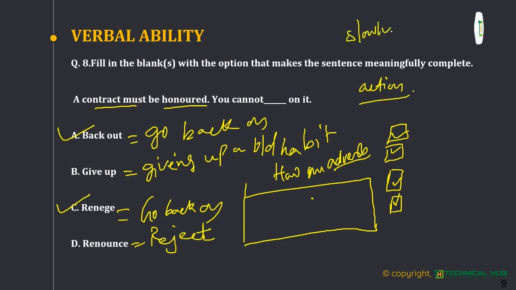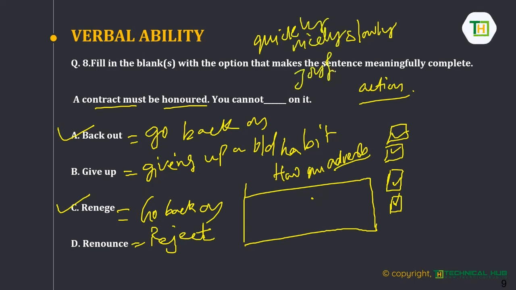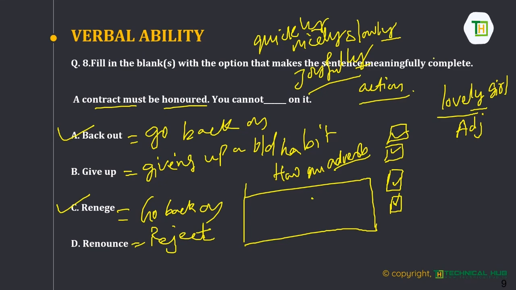Slowly, quickly, nicely, joyfully. All these come under adverbs only. And most people think that all words ending in ly are adverbs, but not at all. Lovely, she is a lovely girl. Okay, ly is there, but here I have added girl. That means this became an adjective, not an adverb. Remember like this. Depending on the question, you need to go. You need to take up the challenge. Right.